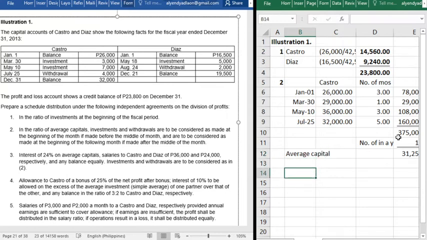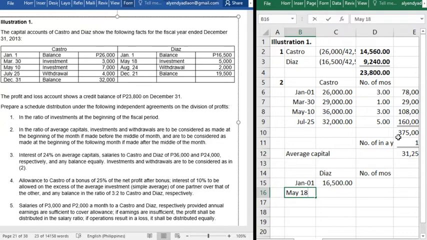Now, how about for Diaz? Let us compute the average capital of Diaz. We have Diaz, number of months. Let's start with January 1. On January 1, we have 16,500, and that is until May 18.